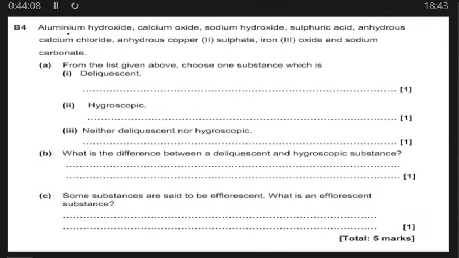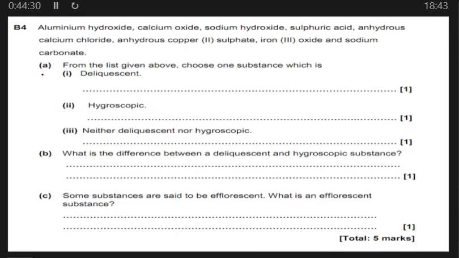Question B4 says aluminium hydroxide, calcium oxide, sodium hydroxide, sulfuric acid, anhydrous calcium chloride, then anhydrous copper 2 sulfate, iron 3 oxide, and sodium carbonate.